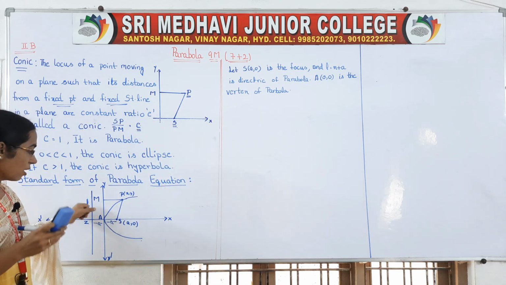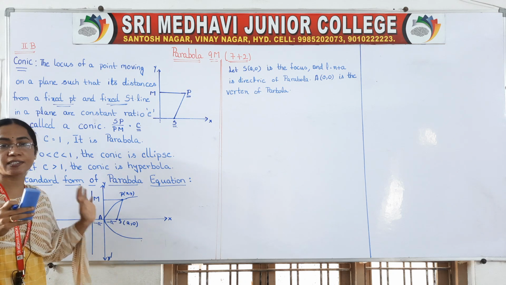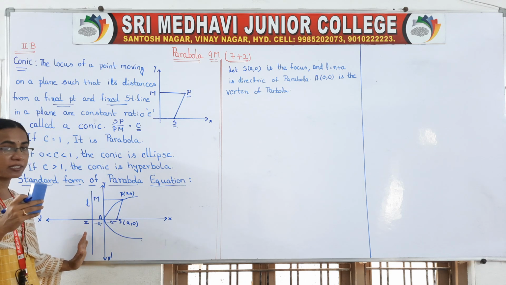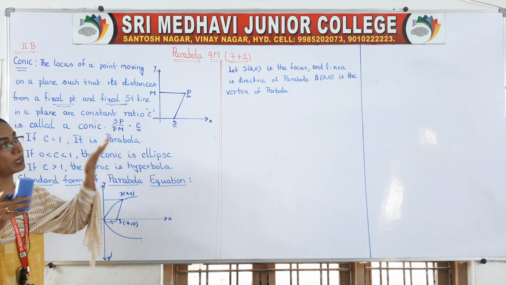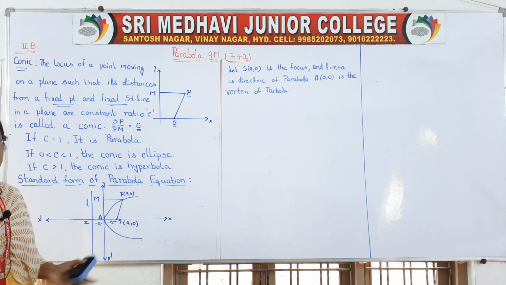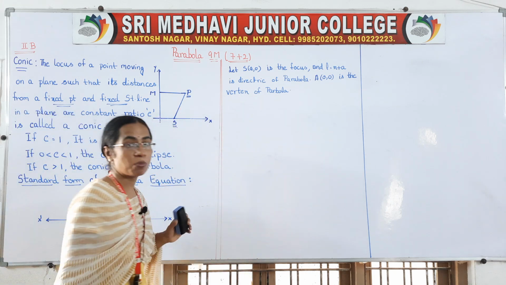In this parabola, from the vertex to S and from the vertex to the directrix the distance is the same. So actually this line is x equal to minus A. So we can write x + A = 0 as the directrix equation. This is the description of your parabola.